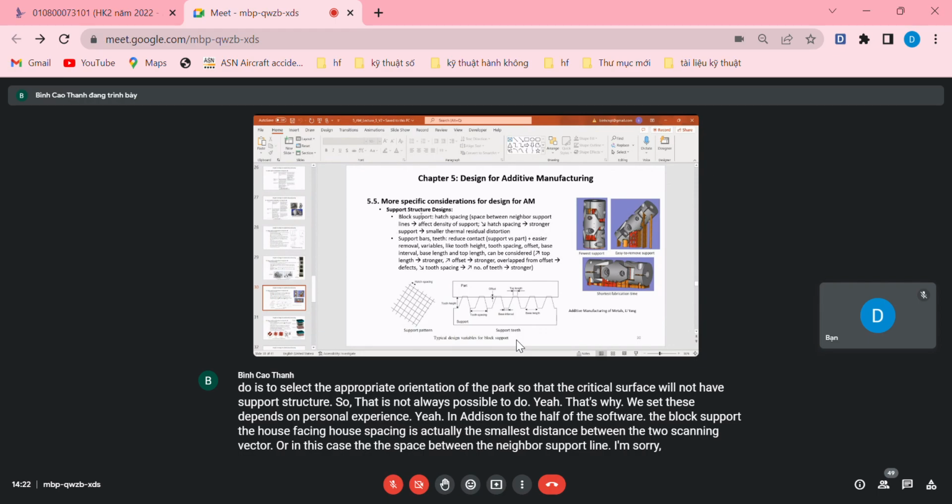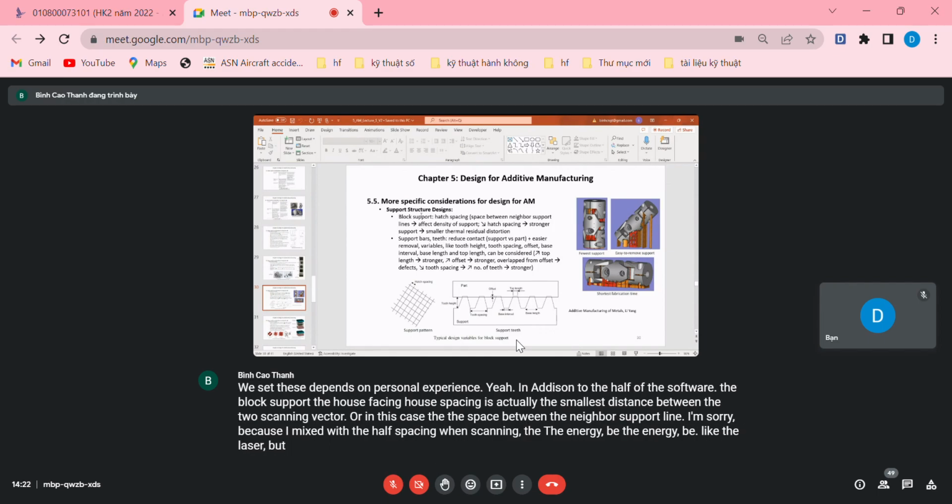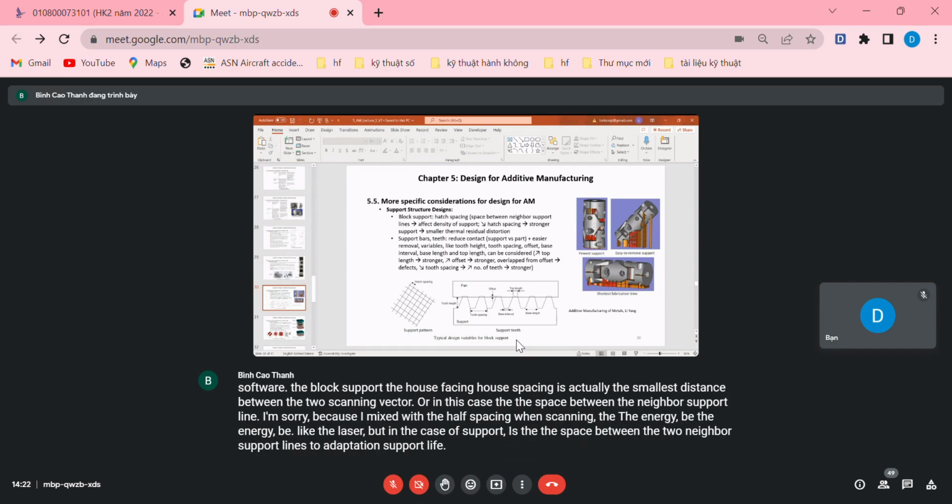I'm sorry, because I mixed it with the hatch spacing when scanning with the energy beam, like the laser. But in the case of support, it is the space between the two neighbor support lines, two adjacent support lines.